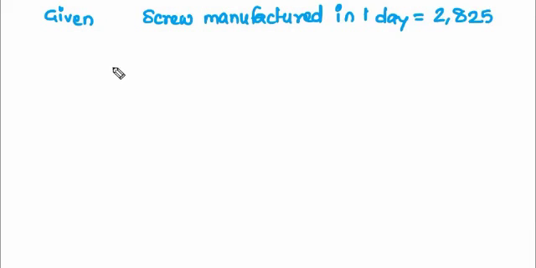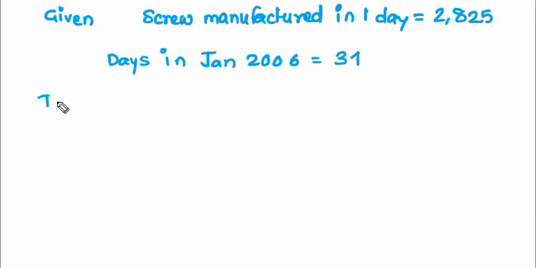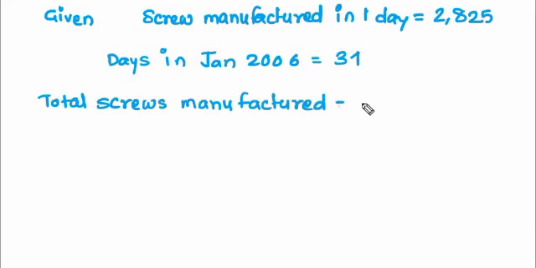How many days are there in the month of January? 31 days. So total screws manufactured are equal to screws manufactured in one day, which is 2,825, multiplied by the total number of days, which is 31. So let's do this multiplication in a vertical format.